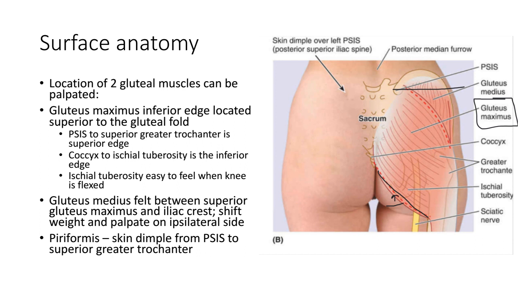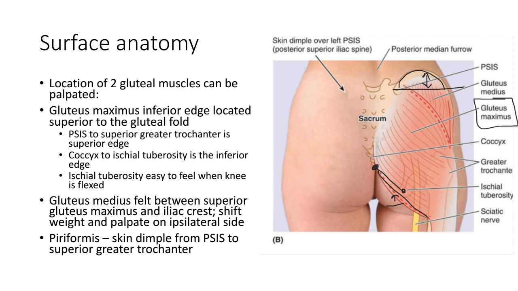And then if you look at a line from the coccyx to the ischial tuberosity, that's going to be the inferior edge of the gluteus maximus. The gluteus medius is felt between the superior portion of the gluteus maximus and the iliac crest. If a person shifts their weight, you can palpate it on the ipsilateral side, so on the side that they are putting the weight onto.